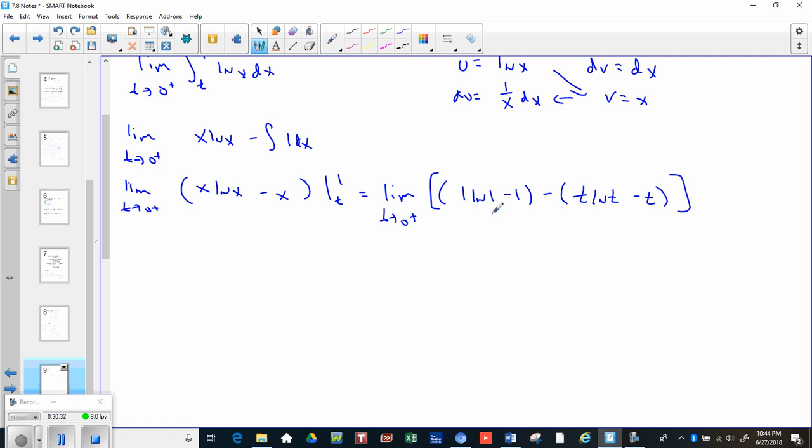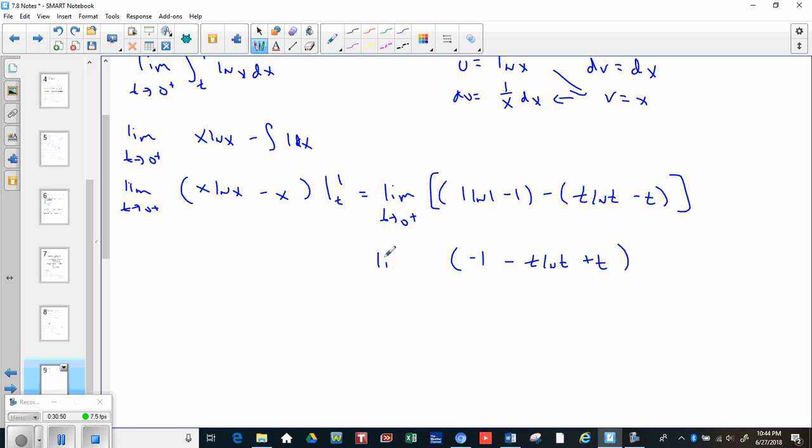All right, let's see what we've got here. 1 natural log of 1. Natural log of 1 is 0, so that's gone. So that's going to be minus 1. This is going to be minus t ln t. That's going to be plus t.